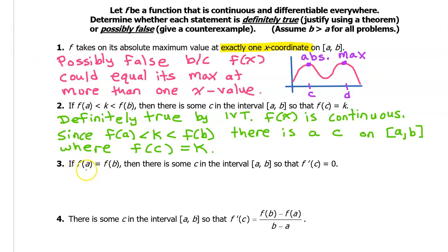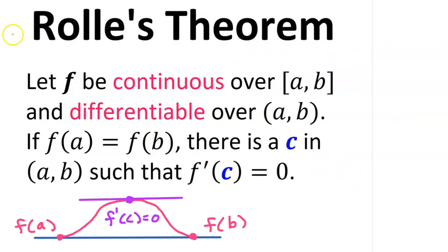Number 3, if f at a equals f at b, then there is some c in the interval from a to b so that f prime at c is equal to 0. Problem number 3 is simply Rolle's theorem. If f is continuous and differentiable, then if f at a is equal to f at b, then there is a c on a b such that f prime at c is equal to 0.